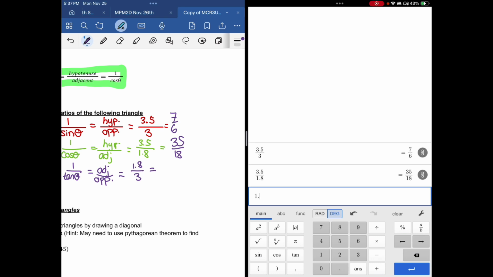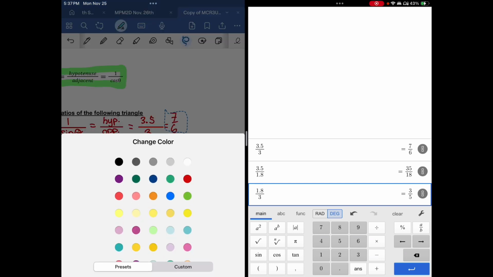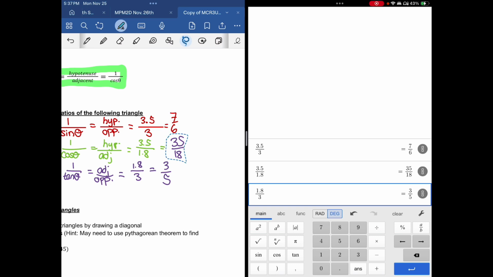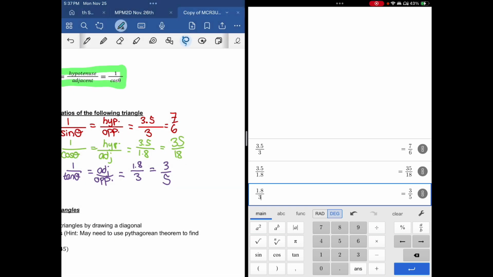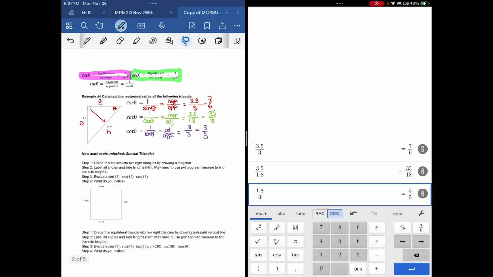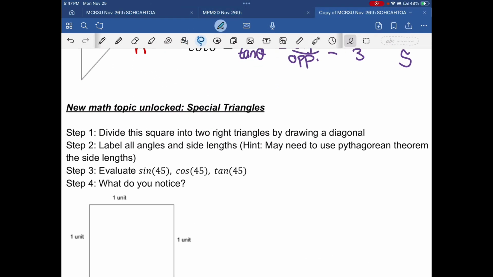And last one, 1.8 divided by 3 gives me 3 over 5. I'm just going to make them all the same color. Obviously, you don't need to do this. I just love my colors. Amazing. So, have we calculated the reciprocal ratios of the following triangles? Yes, we have. Amazing.